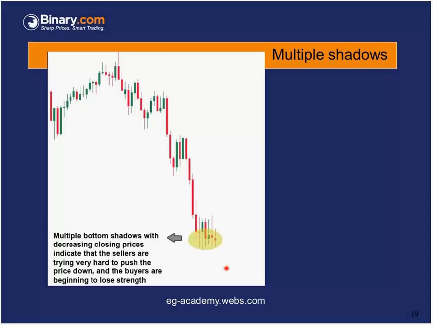Let's look at this example. Here we see multiple shadows trying to penetrate a support level. Also note that the closing prices are getting lower and lower. What this means is that the sellers are aggressively testing the strength of the support level.